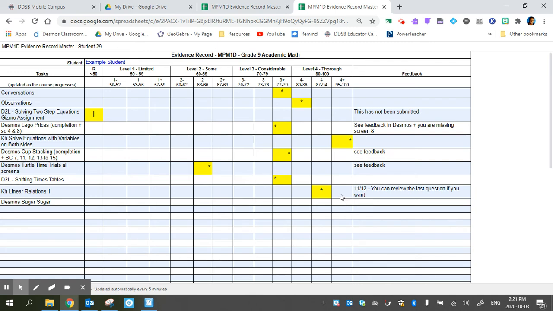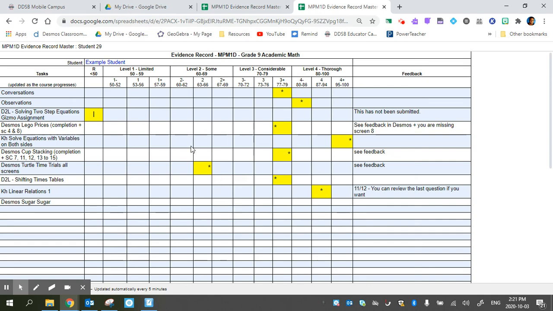The main idea, of course, is that it fosters conversations. It gives students opportunities to catch up. And very, very importantly, this document is live. When a student makes a change, when I add a new task, this is updated for you within 5 minutes. So we all have the same information anytime.